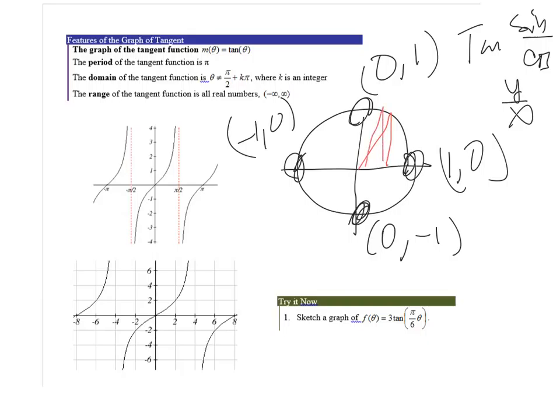So the tangent's getting bigger and bigger until, if you were to type in your calculator the tangent of 89 degrees, or the tangent of 89.9999 degrees, it's going to get very large. So what's happening here at pi over 2 is there's a vertical asymptote.